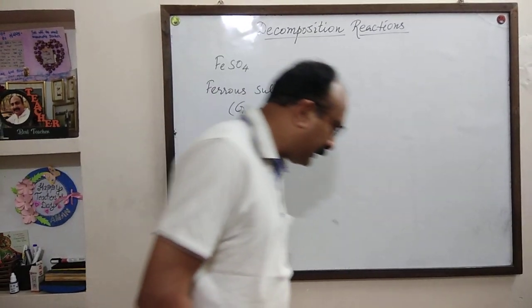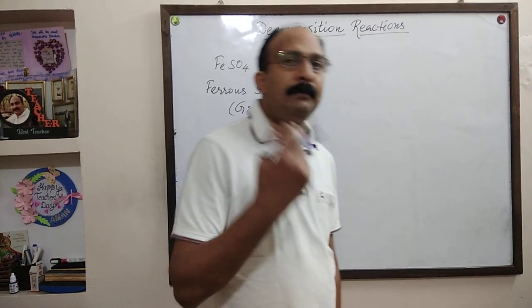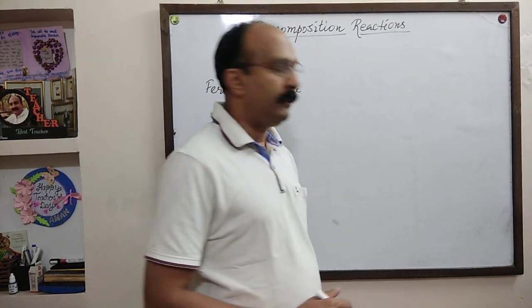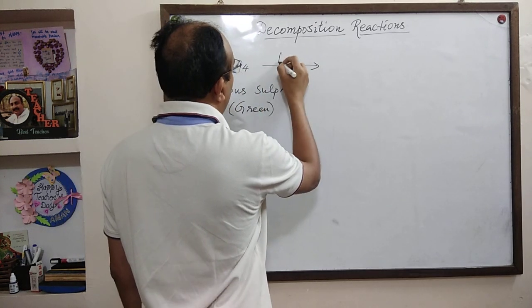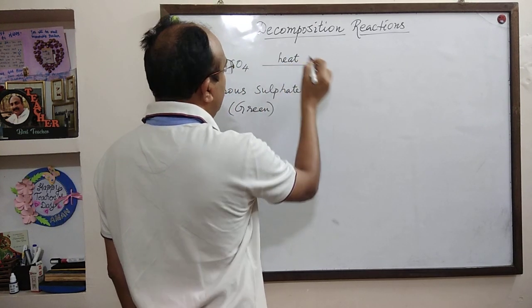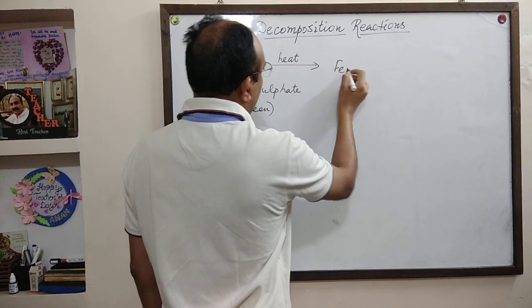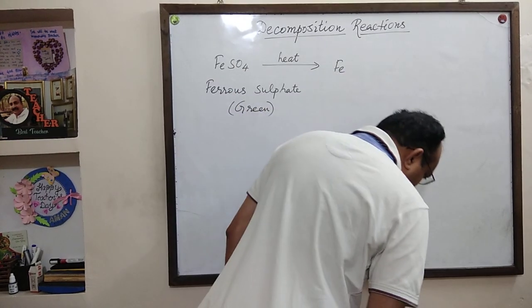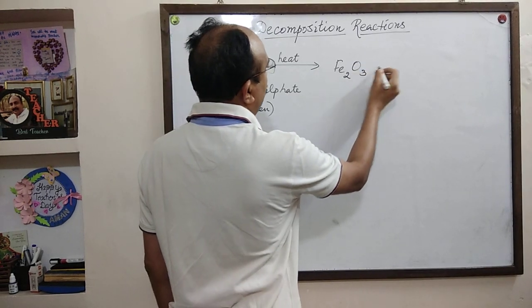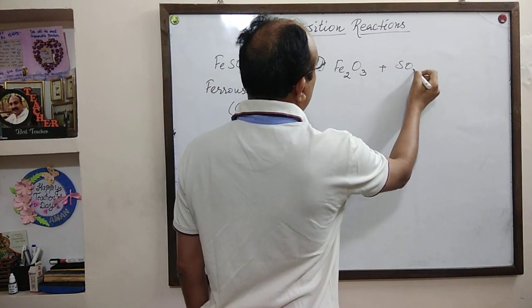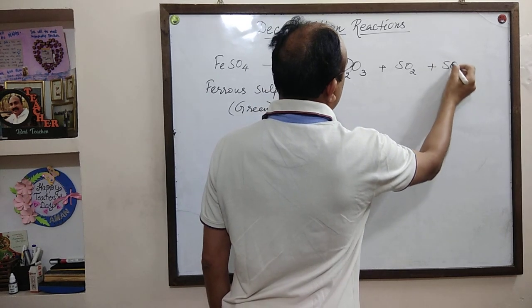And you can see that some gases are also evolving, because this FeSO4 on heating decomposes to ferric oxide, Fe2O3, ferric oxide plus SO2 plus SO3.